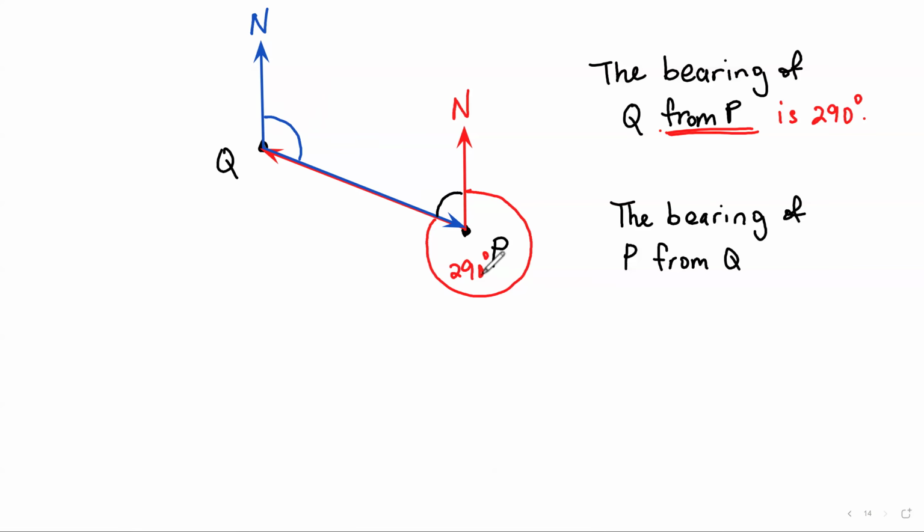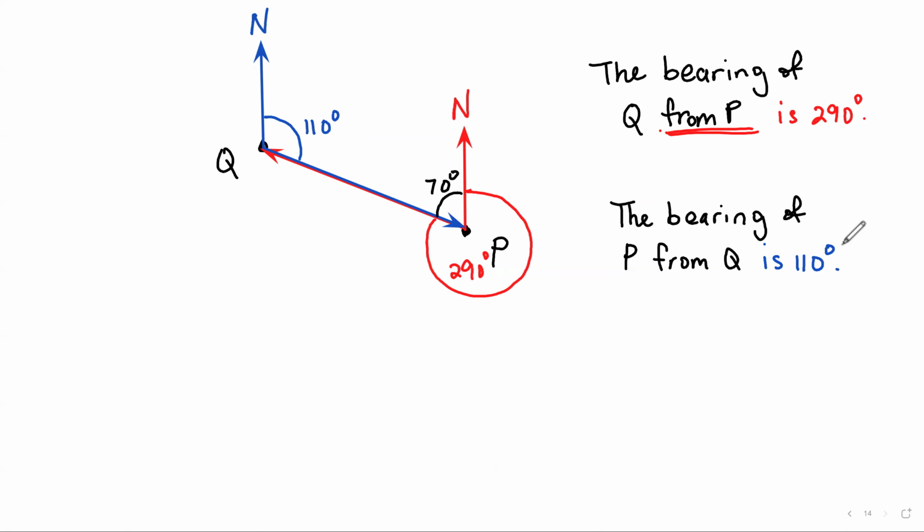So if this is 290, 360 take away 290 is 70 degrees. So this angle here is 70 degrees. And therefore, this angle will be 180 minus 70, which is 110 degrees. So the bearing of P from Q is 110 degrees.